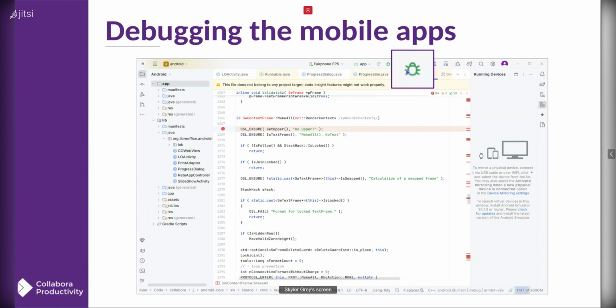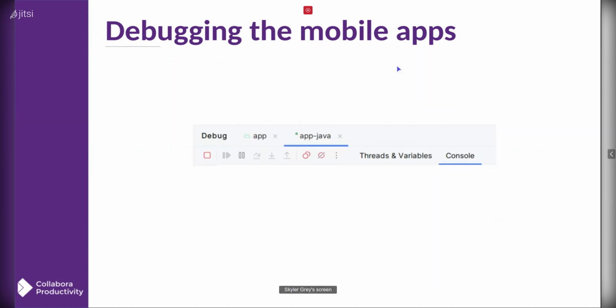To start debugging, you click this little bug symbol up here, and then you will be brought to this sort of menu where you have your app and your app, but in Java. This is the native part of the app. This is the Java part of the app.